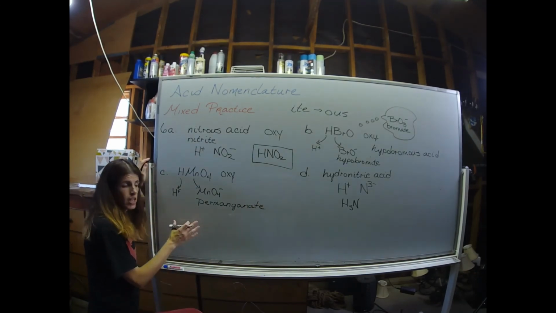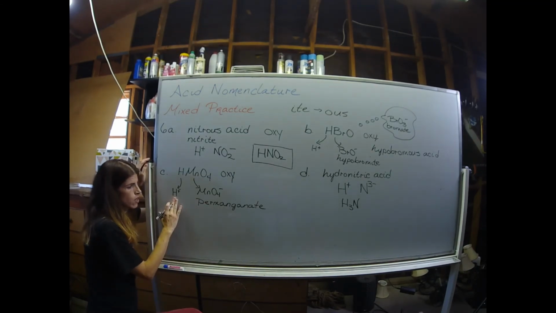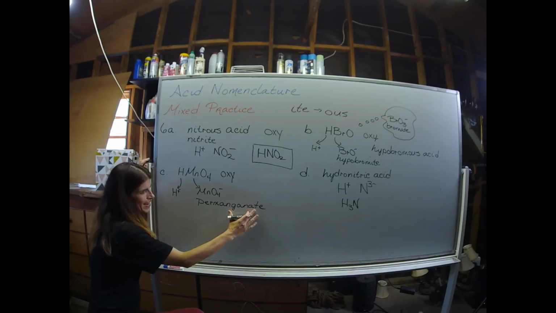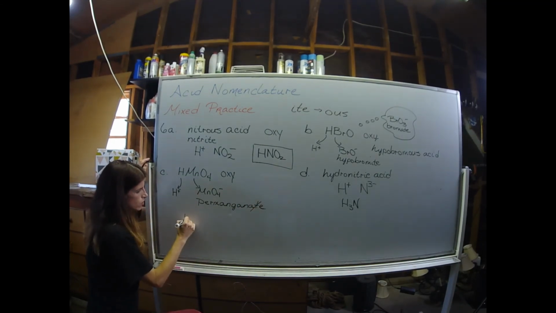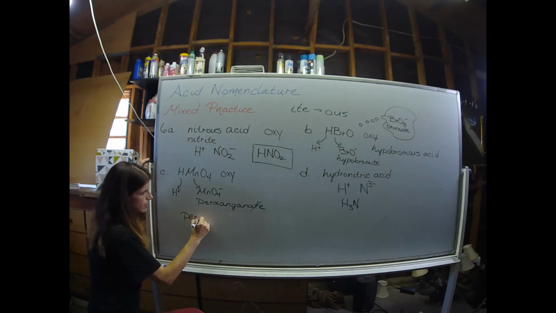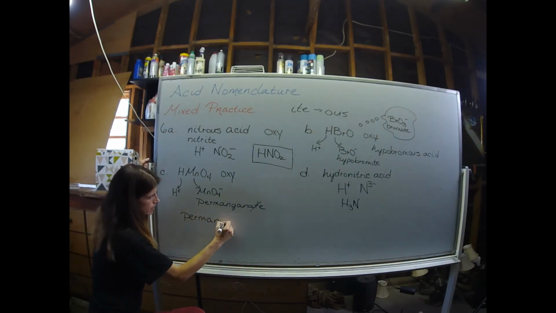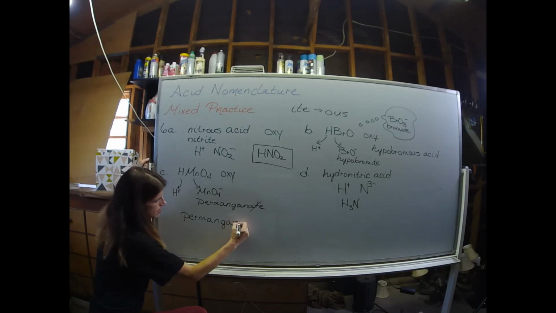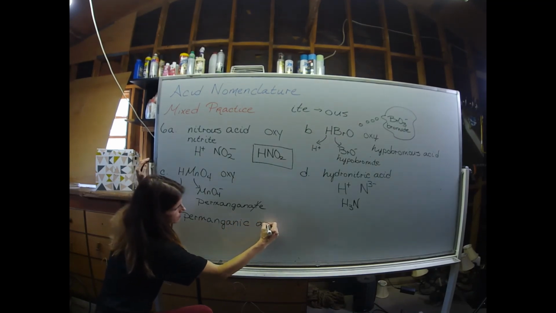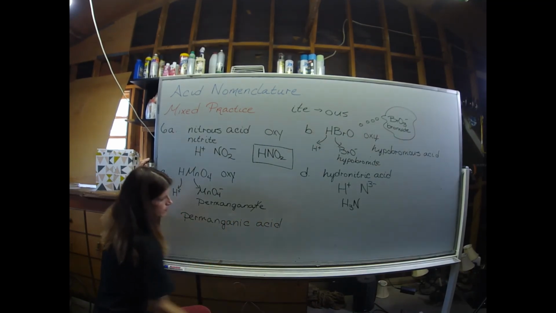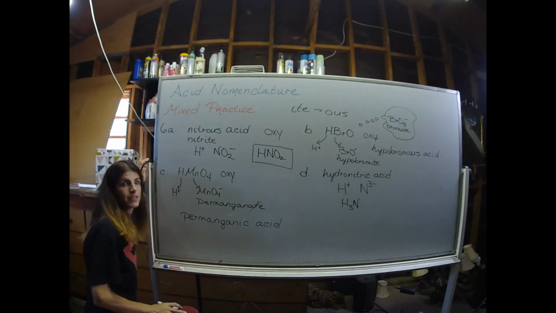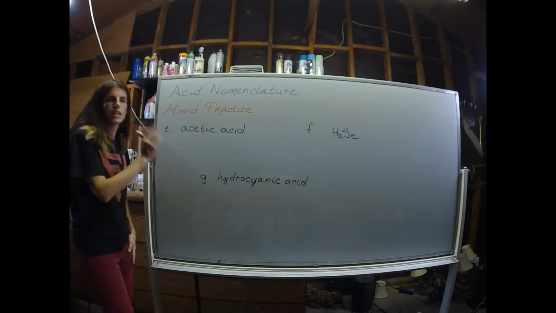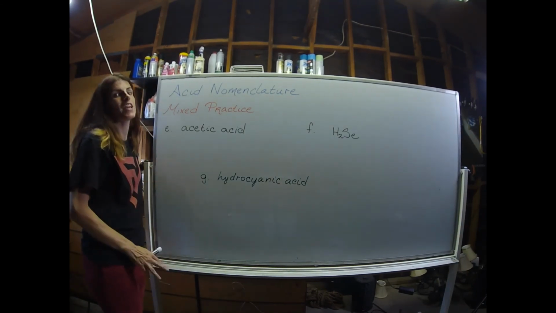So when we change it into an acid by combining it with a proton, we're going to take the ate ending and turn it into an ic ending. So this will be permanganic acid. Because ate goes to ic, no hydro, it's not binary. Acetic acid, one of my favorite acids.